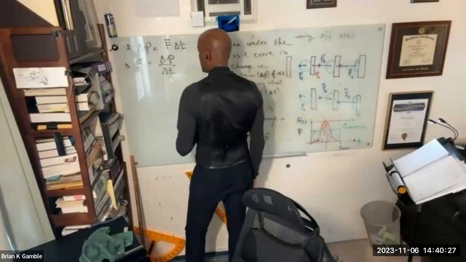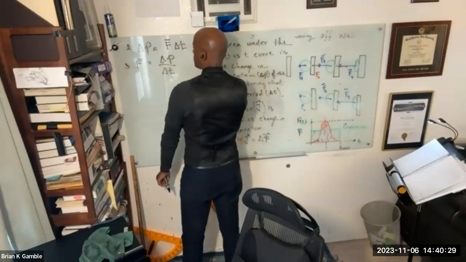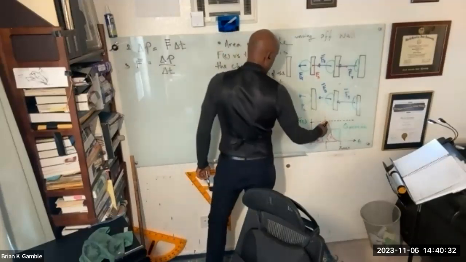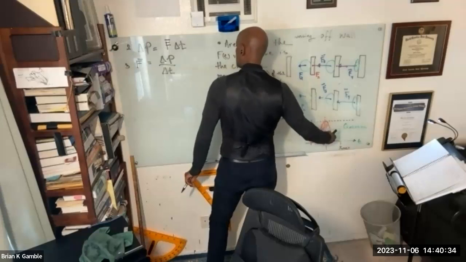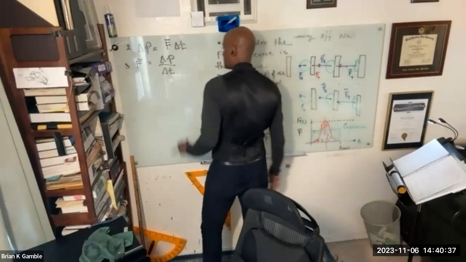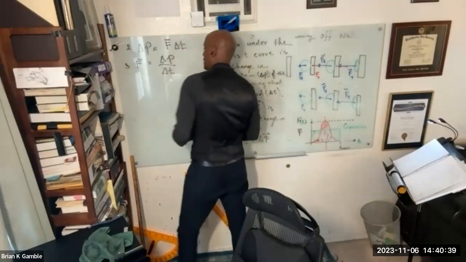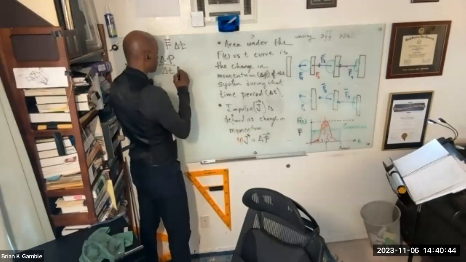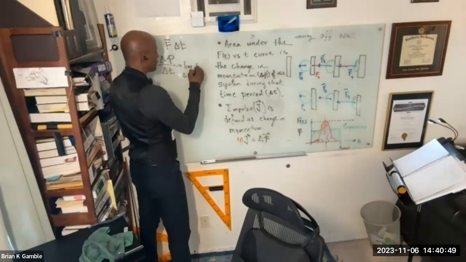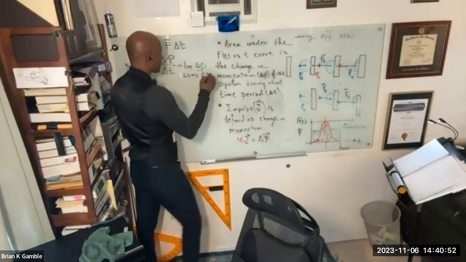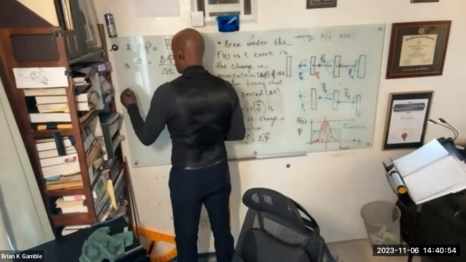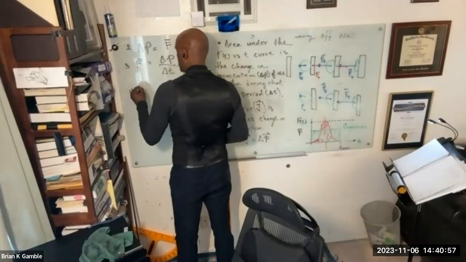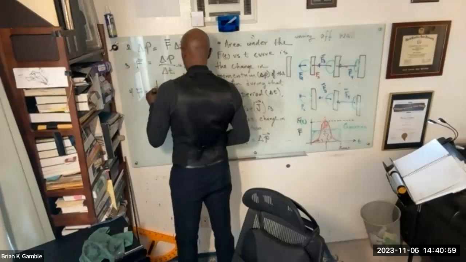The force really does change, but for the average force, the overall change is a constant. So it simplifies the problem. And if I take the limit as delta t goes to 0 of delta p over delta t, what I actually have is that force F is equal to dp dt.